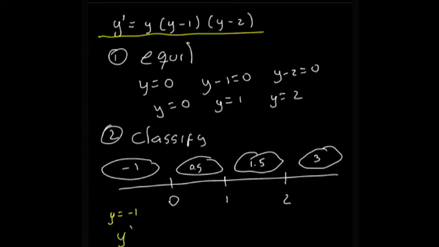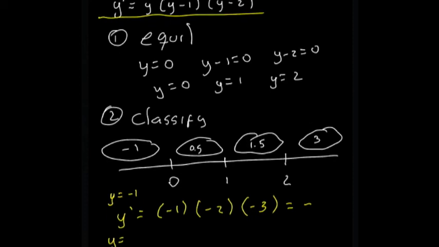So we have y prime equals, since y is negative, -1 here, -2 here, and then -3 here. As I mentioned, I don't need the numbers, just the sign. So here the total is a negative number.